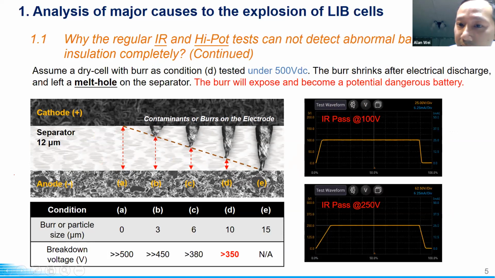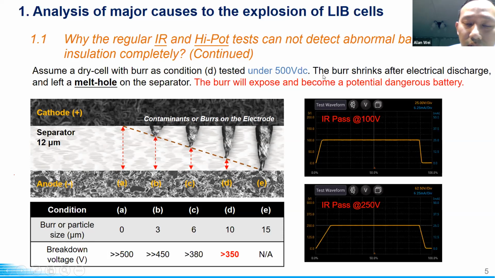That's the example. Most IR meters use about 100 volts or up to 250 volts to do the IR test, and you can get a good result. The result will be all passed, both at 100 volts or 250 volts.